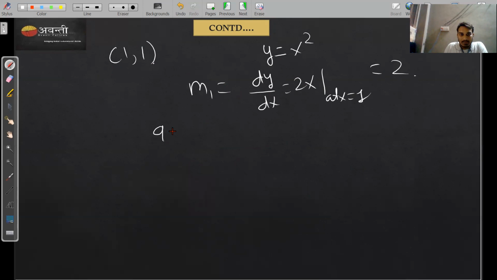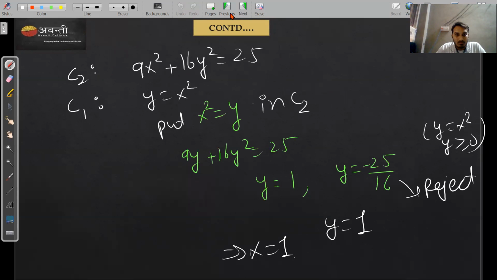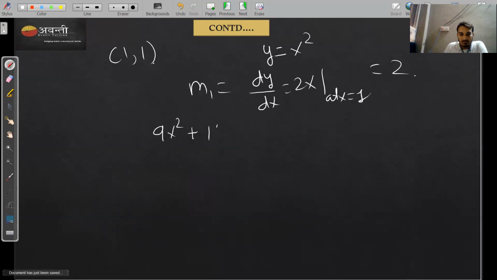Now for the second curve, what was that? 9x square plus 16y square equal to 25, right? Now do the dy by dx in this.